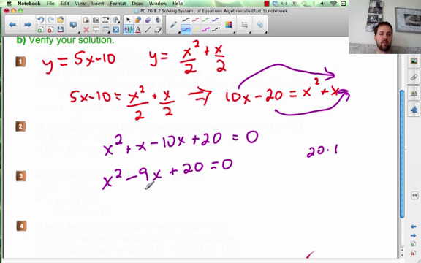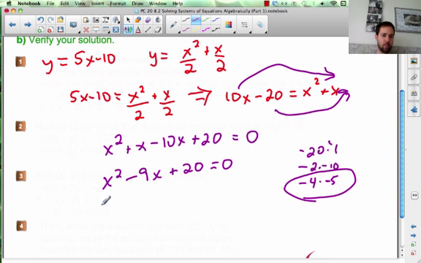We have a negative sum and a positive product, sorry. So both your factors are going to have to be negative, whichever ones you choose. We have negative 2 and negative 10. We have negative 4 and negative 5. Okay. Choose the two that add up to negative 9, and it's these ones right there.